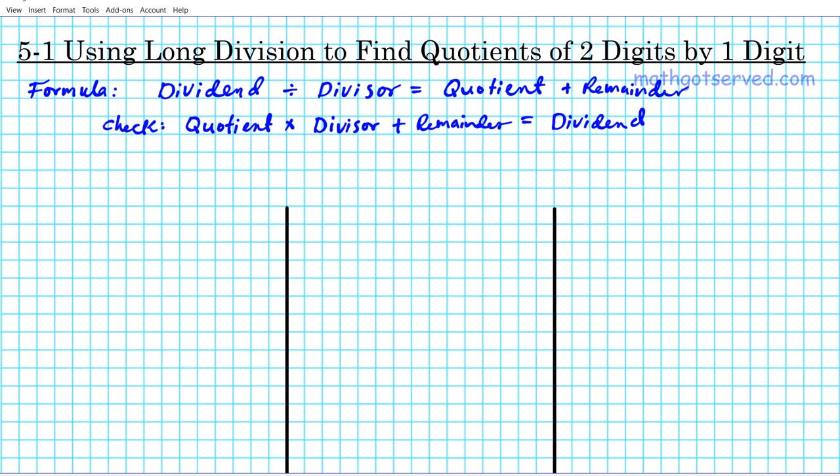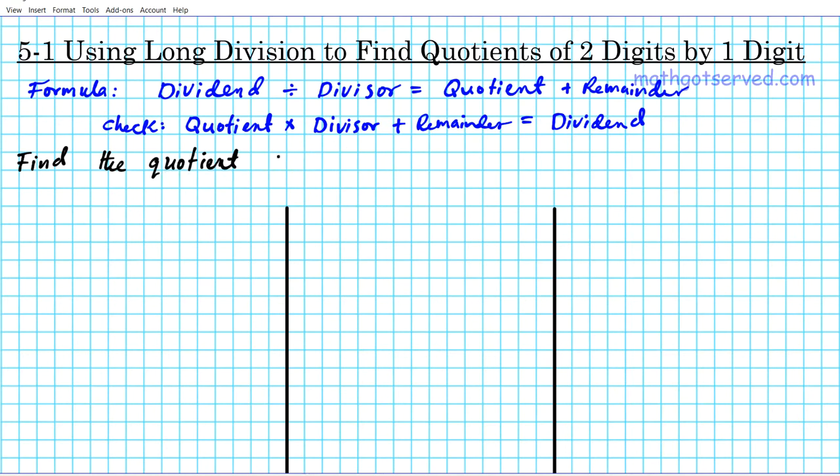So the instructions for the example that we're working on are for you to find the quotient. The quotient is just a fancy way of saying divide, so don't let that word distract you. Find the quotient just means divide.